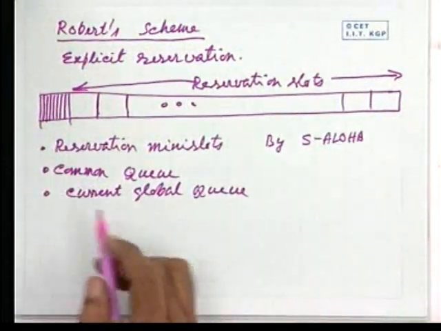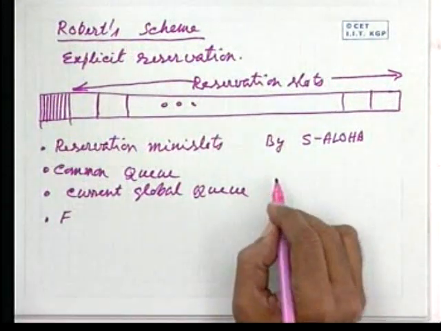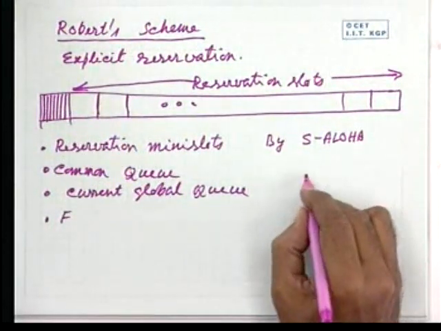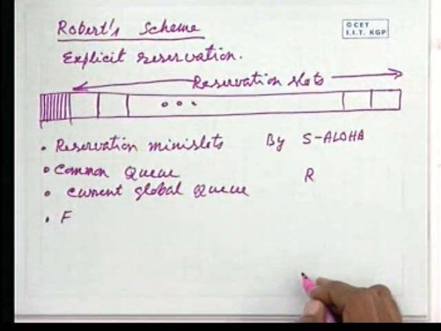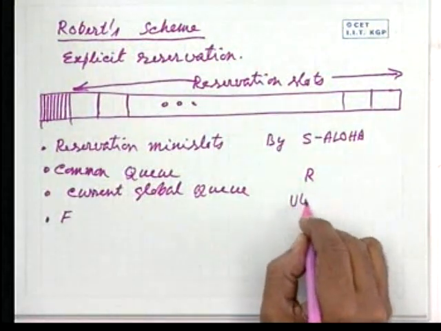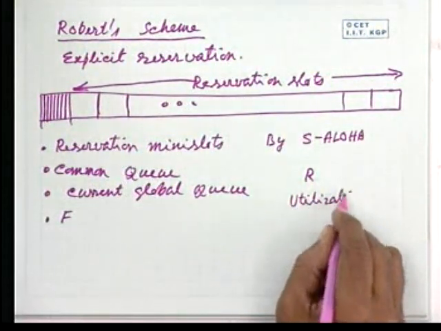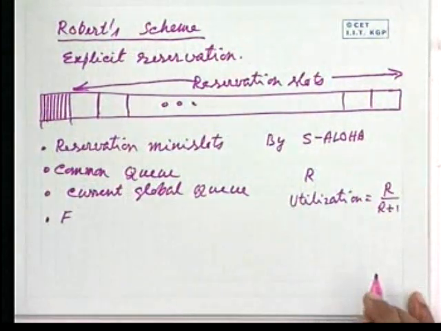Now, whenever you have lengthy data, of course, there is a restriction. Let R be the maximum number of slots that can be reserved. So, based on this, it has been found that utilization is equal to R by R plus 1.